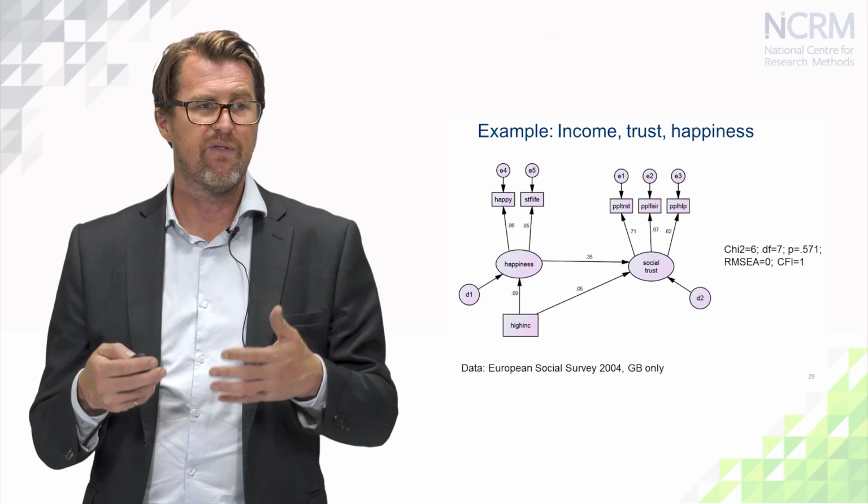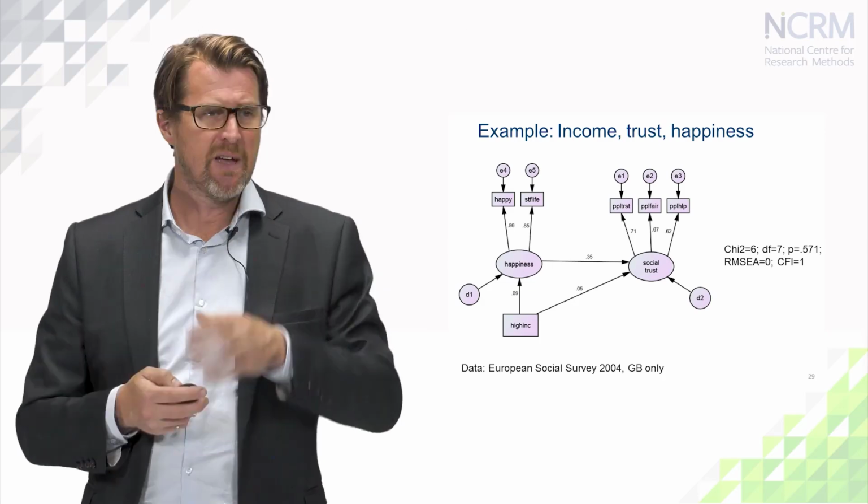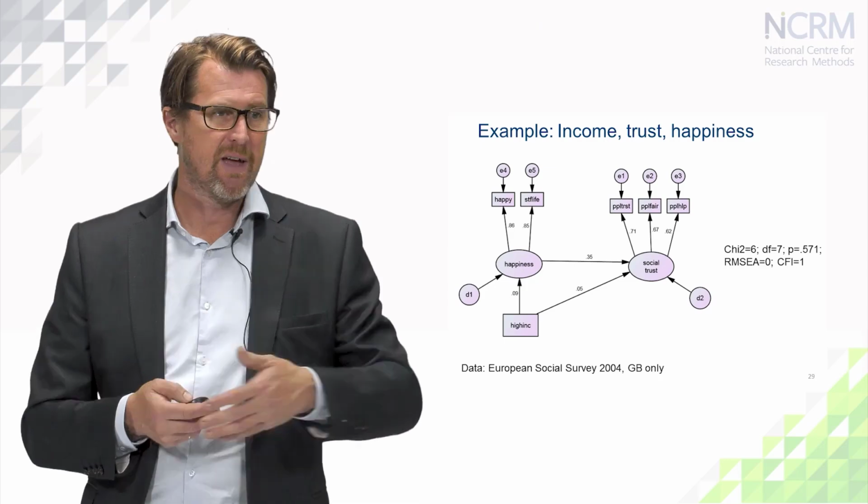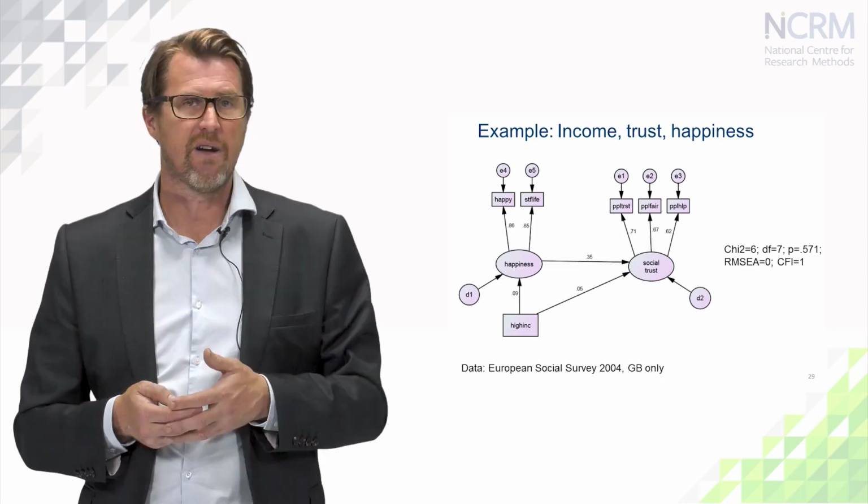And you can see that the beta weights on the path diagram indicate that these are standardized parameter estimates.